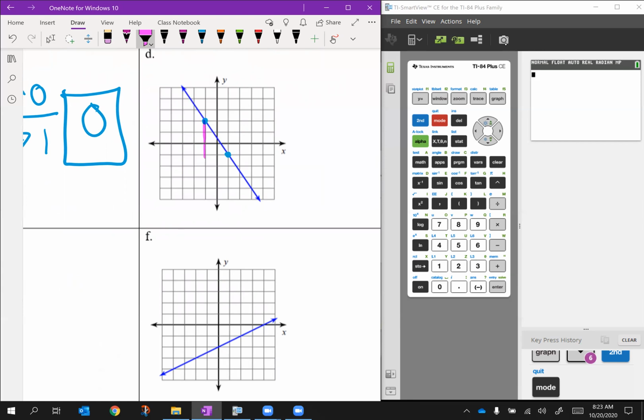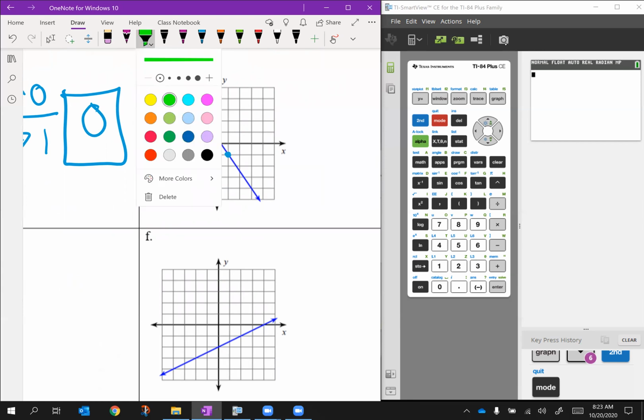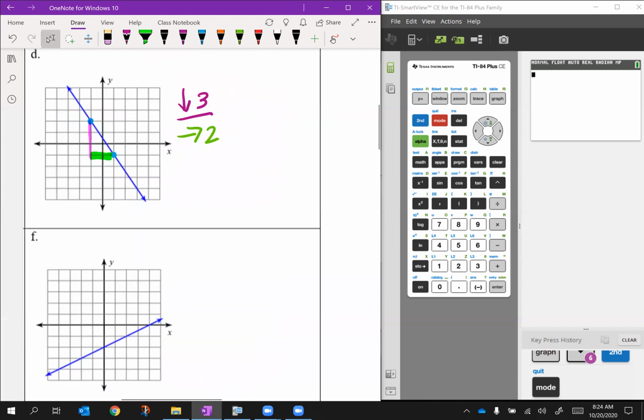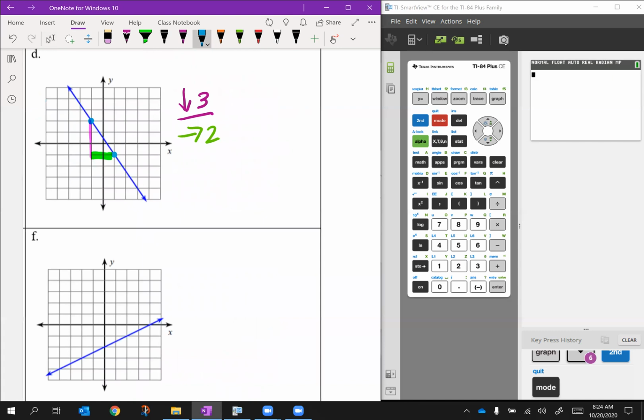So here's my down. Here's my over. So it's moving down 1, 2, 3. It's moving right 2. Down 3, right 2 gives us a slope of -3/2.